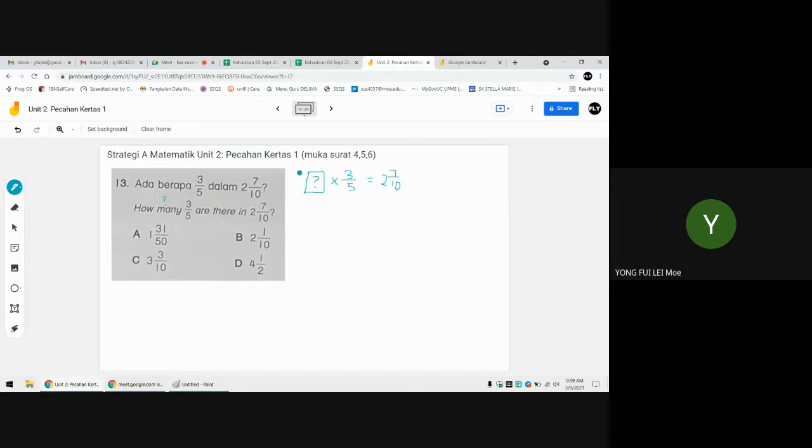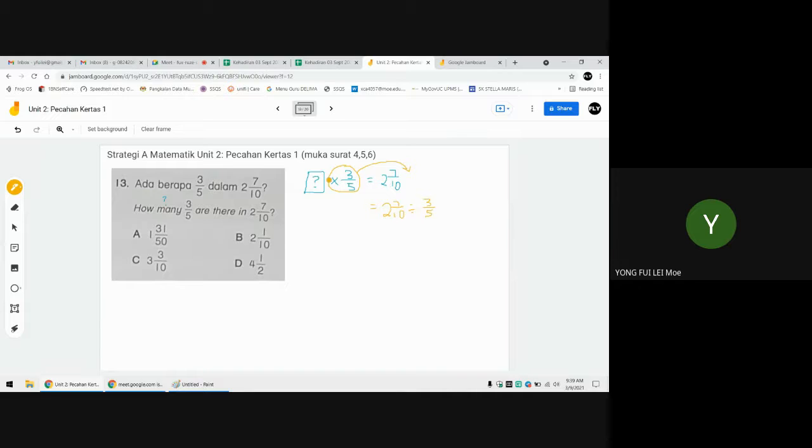So if I want to do it, do you still remember what I have to do? Here, how do I do it? This one, bring it backward. So when you bring this times 3 over 5 to the other side, it will become 2, 7 over 10 divided by 3 over 5.